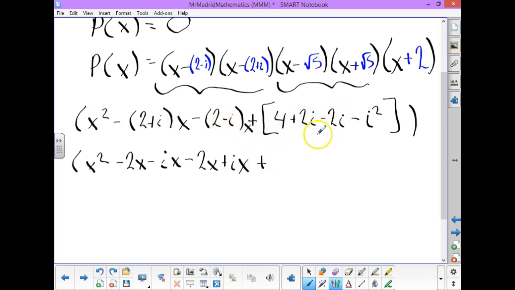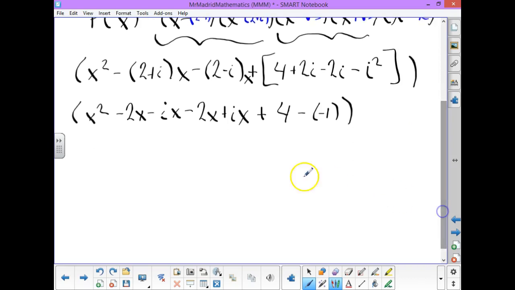Plus, let's take care of the math in here. This stuff's going to cancel, 2i minus 2i. And we're left with 4 minus i squared, which, if you remember, is equal to negative 1 from last semester. So let's continue cleaning up the math. We've got x squared minus 2x minus ix.